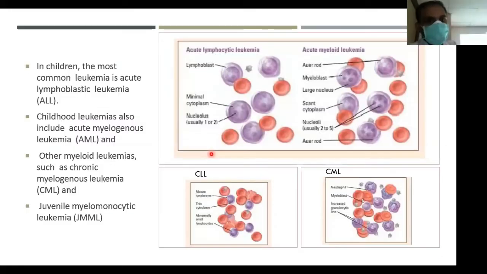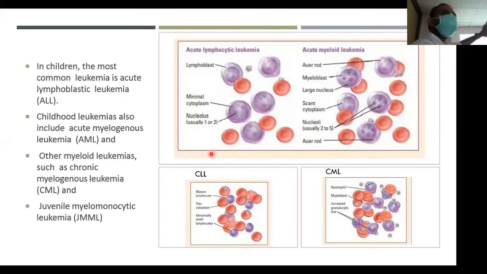So step by step, peripheral smear, just brief: acute lymphoblastic and myeloid, and other chronic leukemias, just mention CML, how they differ from acute. Acute leukemias basically have blasts. In myeloid, there must be myelomonocytic cells and monocytes, all from the morphology.